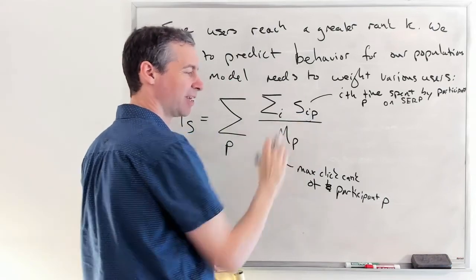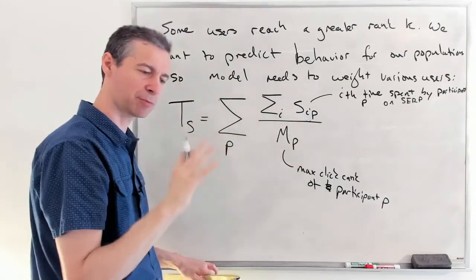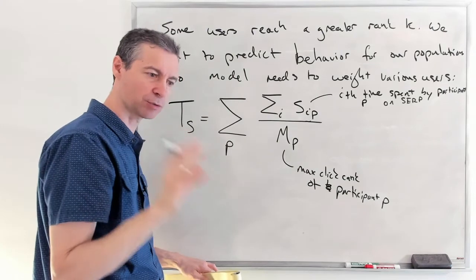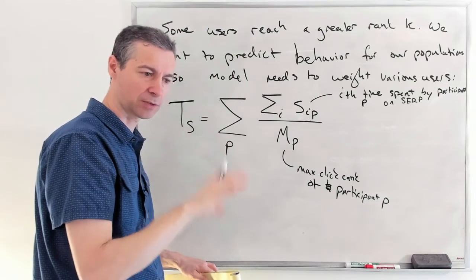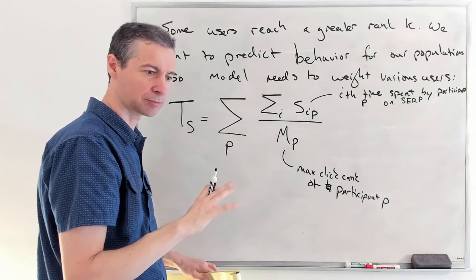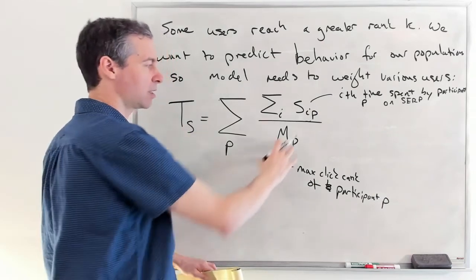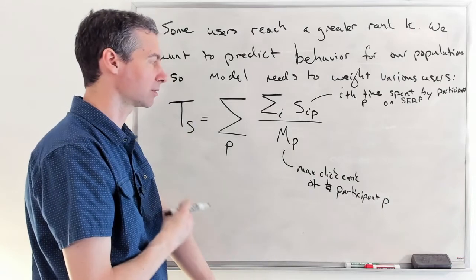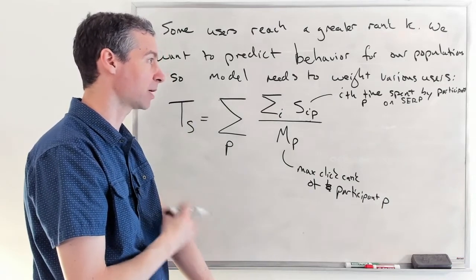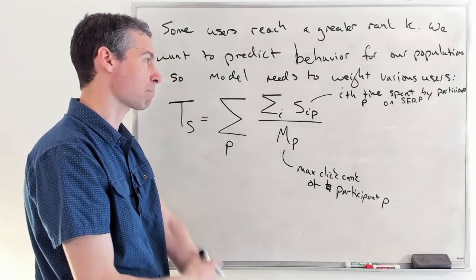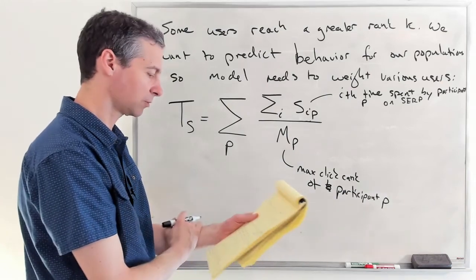Let's be clear about that. So these are all the individual times they spent looking at that search engine results page, and then we divide by the maximum rank seen by the user.